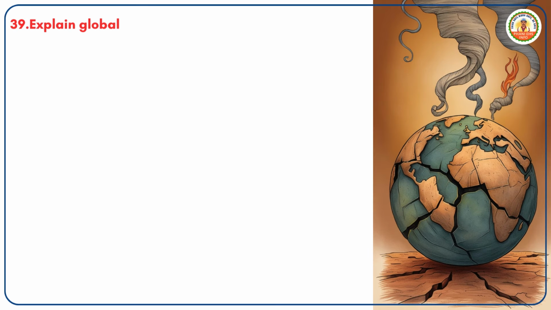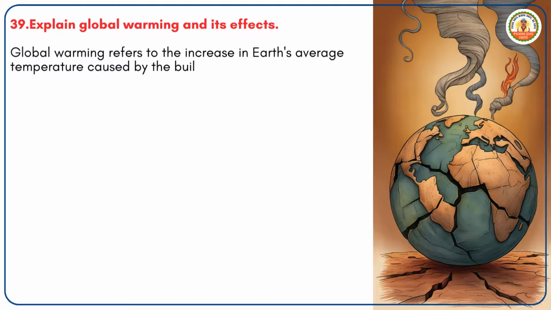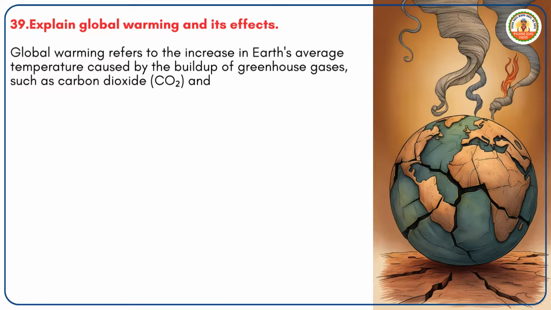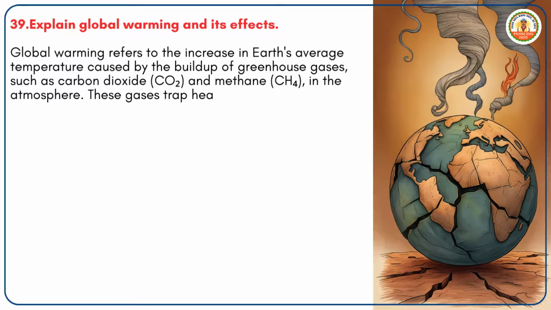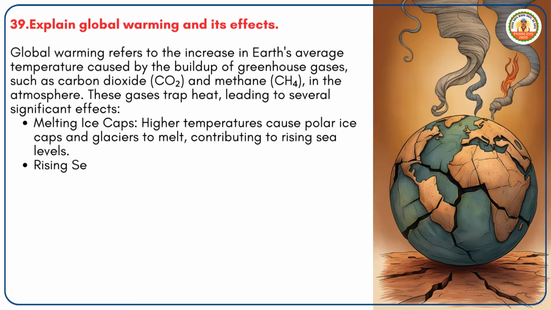39. Explain global warming and its effects. Global warming refers to the increase in Earth's average temperature caused by the buildup of greenhouse gases, such as carbon dioxide, CO2, and methane, CH4, in the atmosphere. These gases trap heat, leading to several significant effects. Melting ice caps. Higher temperatures cause polar ice caps and glaciers to melt, contributing to rising sea levels.